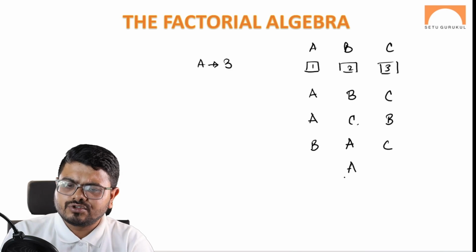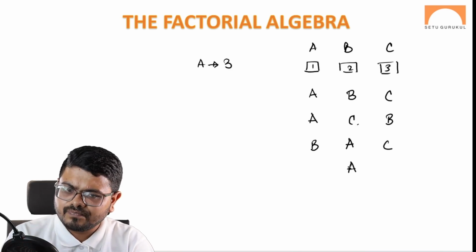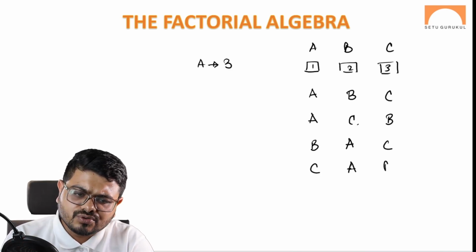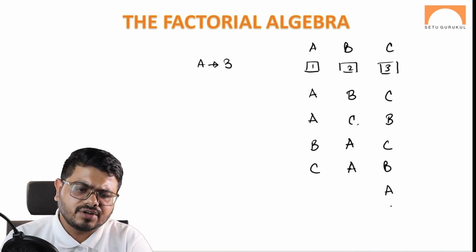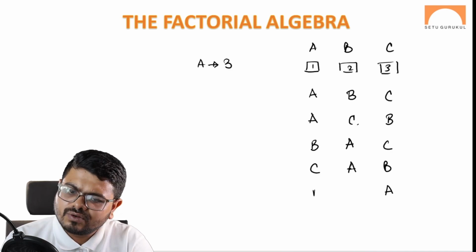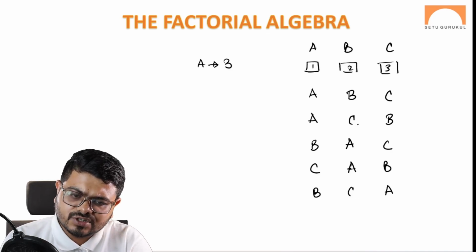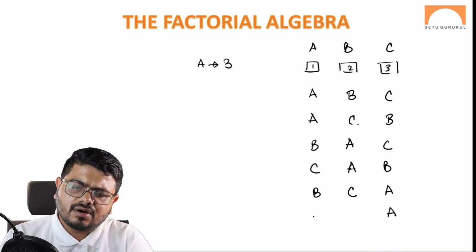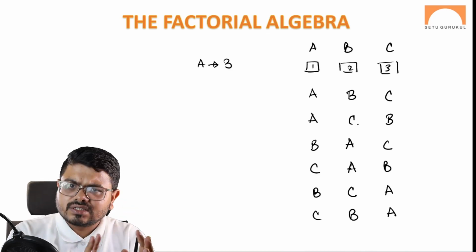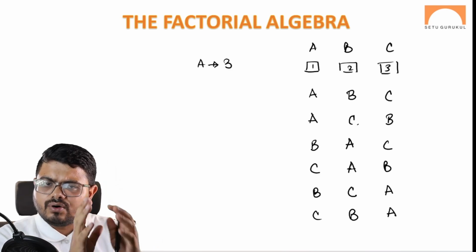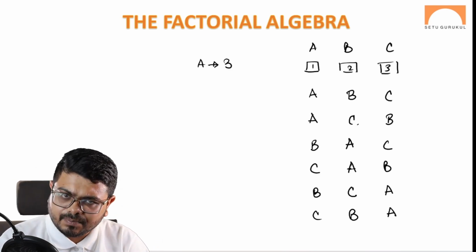Again, in a fourth situation, A chooses this one, B chooses the third one, and C chooses this. And in a fifth scenario, A chooses the third one, B chooses the first, C chooses the second, or the other way around, like this. This forms exhaustively all the ways they can sit in.